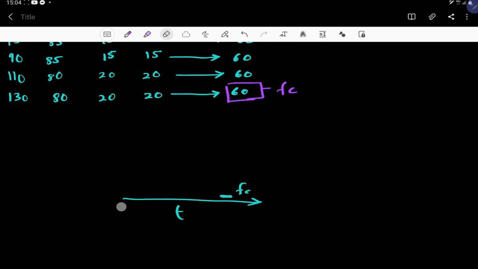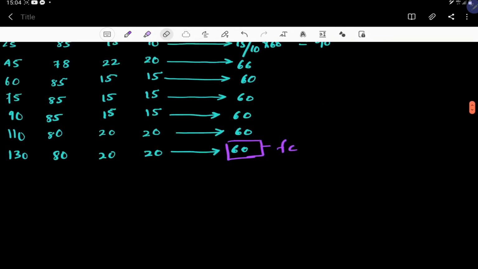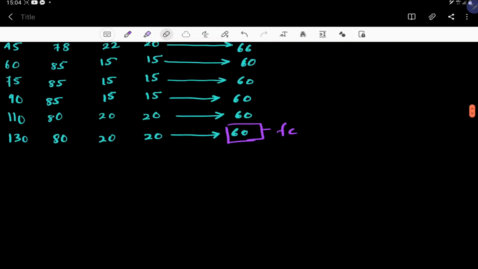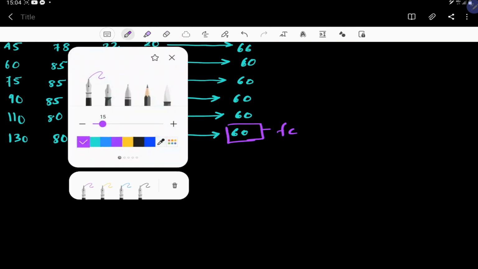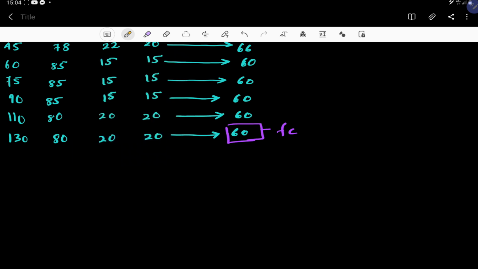To fit Horton's curve, let's write down Horton's equation first. This is number 1.